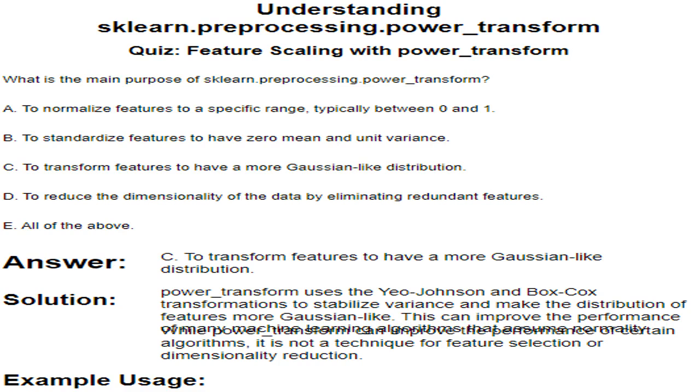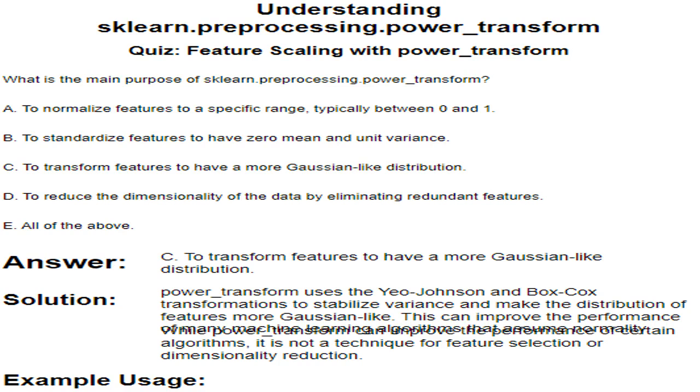True. This is the core functionality of PowerTransformer. It uses Yeo-Johnson and Box-Cox transformations to make feature distributions closer to a Gaussian shape, often beneficial for many machine learning algorithms that assume normality. False.